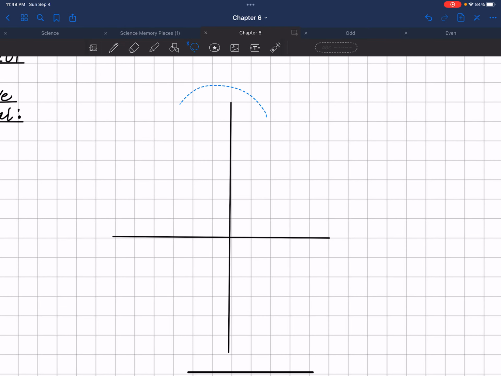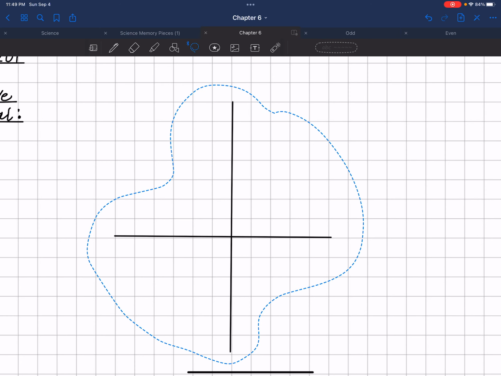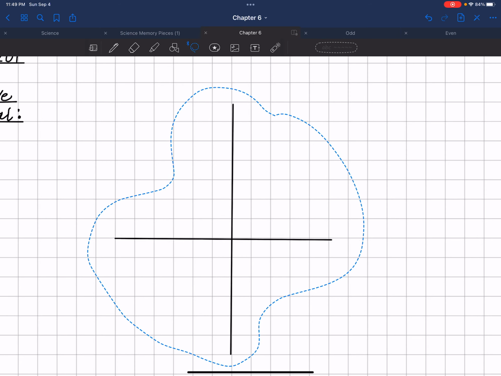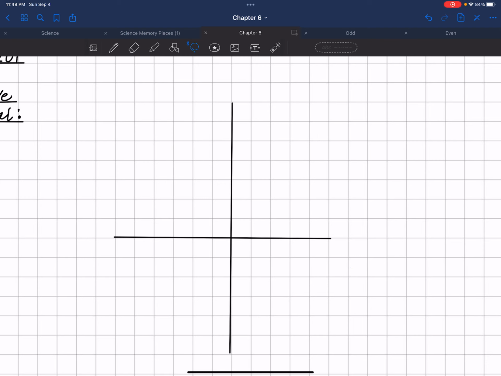I do want that to be lined up on an axis. I don't know how in the world I get these wonky graphs when I'm drawing straight lines. Okay, that's close enough. So a parabola, remember, is that bowl shape. Let me get the shape, and then I'll get it lined up.